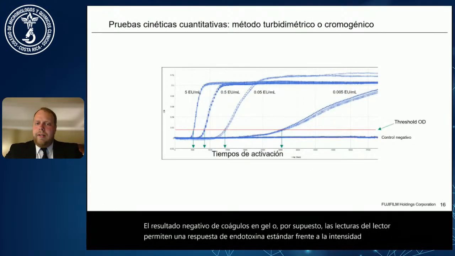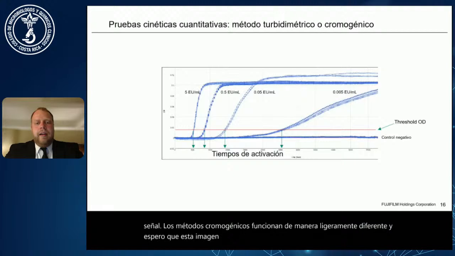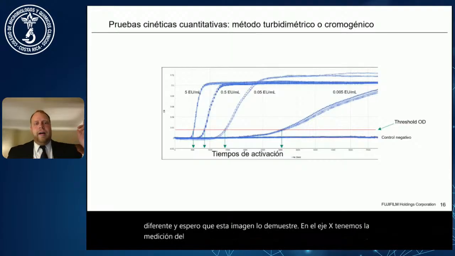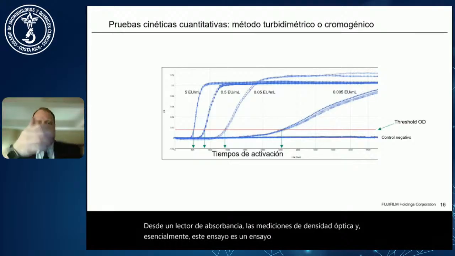Chromogenic methods work in a slightly different manner, and I hope this visual provides a demonstration of that. On the x-axis, we have measurement of time in seconds, and then on the y-axis, we have, from an absorbance reader, measurements of optical density. And so essentially this assay is a kinetic assay in which repeated measurements are made over time.